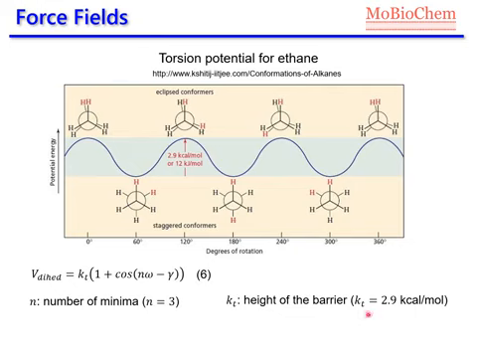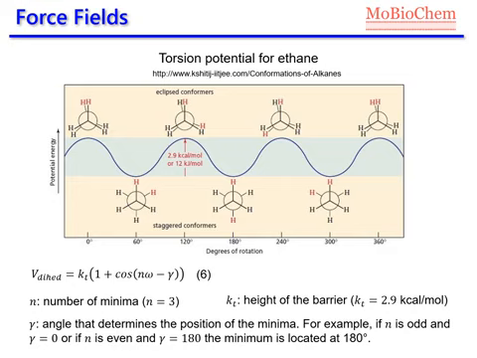In this example, the energy barrier will be 2.9 kilocalories per mole. And finally, the combination of gamma and n will provide the position of the minima and the maxima along this angle range. For example, if n is odd and gamma is 0, or if n is even and gamma is 180, then the minimum is located at 180 degrees, as in this example.